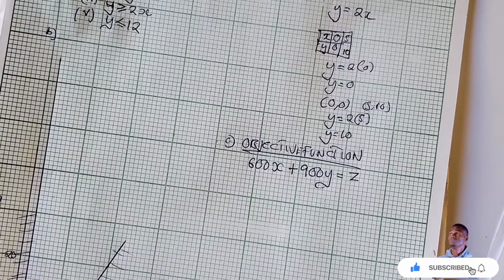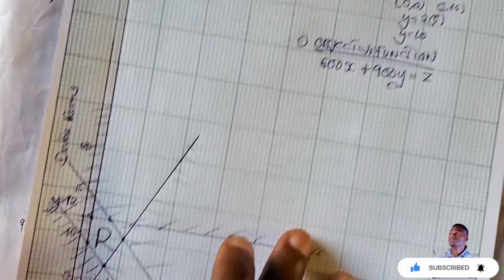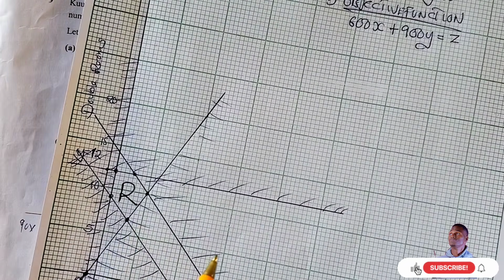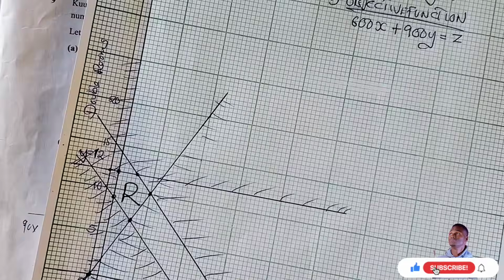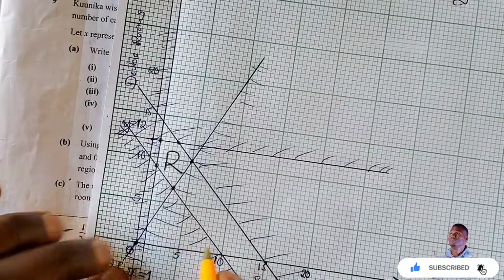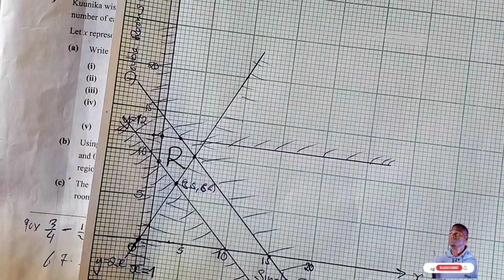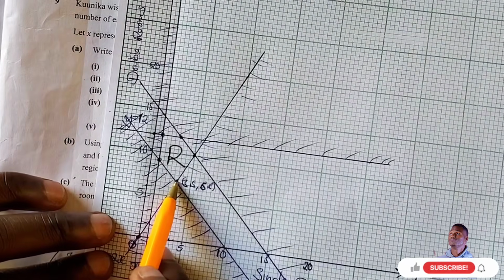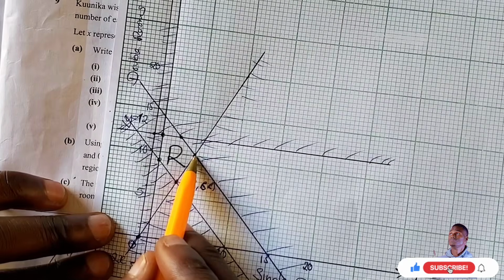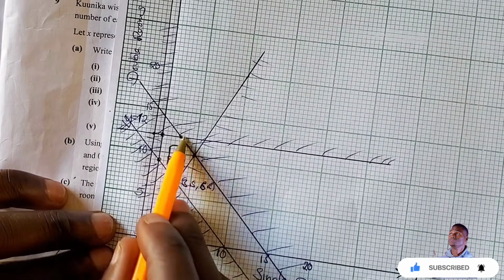Now, this is what we're going to do. You're going to use these coordinates to know which coordinate is giving us the maximum profit. Are we together? Okay. So 6,5 is a coordinate, but we know this is the lowest coordinate. We can't find the maximum profit here. We also have this one, so let's test these two.